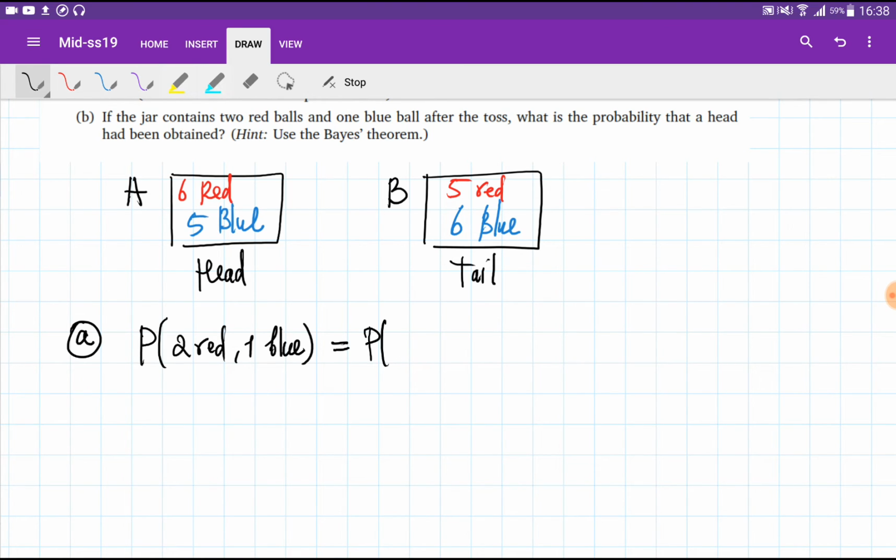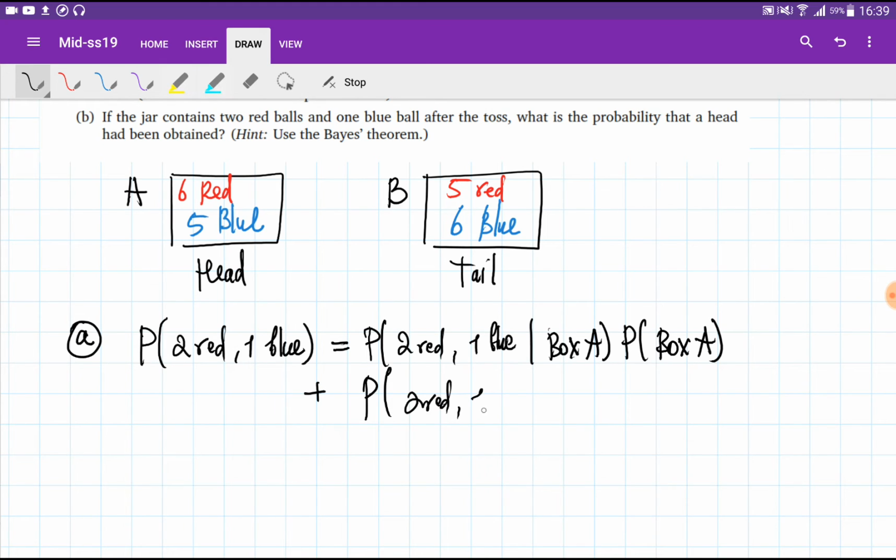So the probability of having 2 red and 1 blue from box A, multiplied by the probability of choosing box A, or we can get the 2 red and 1 blue from the second box, box B, multiplied by the probability of choosing box B.